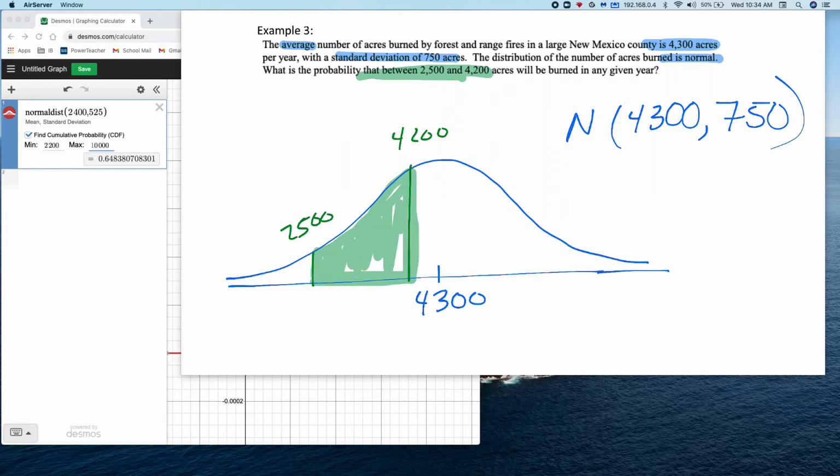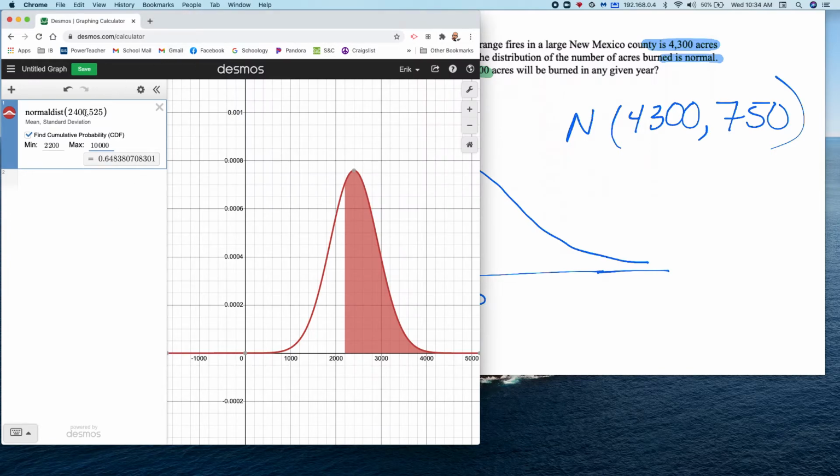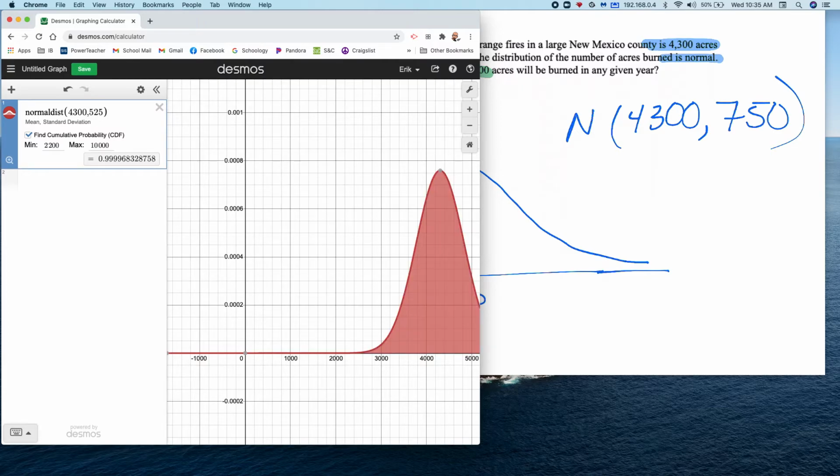So I can get Desmos to do that again for me. I still have the normal distribution up here, so I'll leave it up there, but I'm going to change the mean to be 4,300. So I'm going to get rid of this 2,400, and I'm going to change the standard deviation to 750. And I'm going to zoom fit it again so I see it in my picture here.